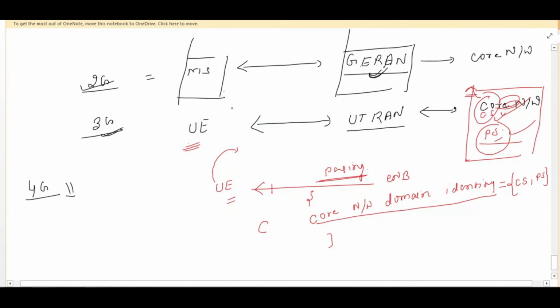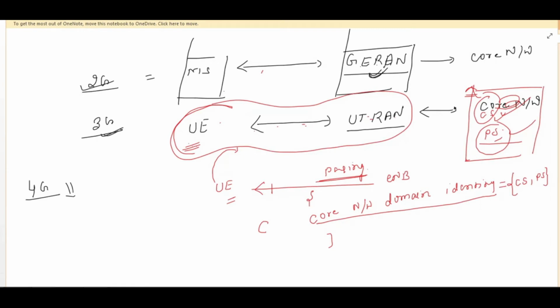But what about the UE and RAN compared to 2G and 3G? This was completely changed. Whatever protocols the mobile station had in 2G, for example LAPD and LAPDm, those kinds of protocols we cannot see in 3G. So the UE and UTRAN are capable of handling both CS and PS.